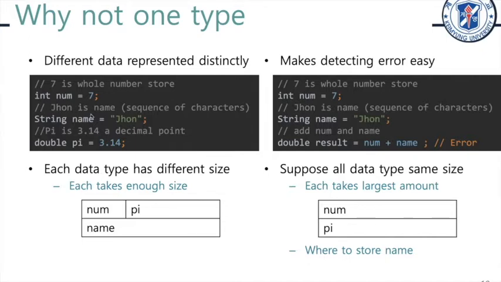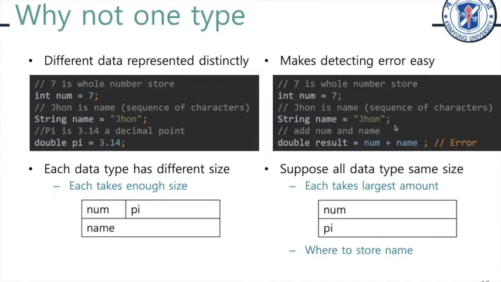For instance, let's write a program with int num is 7, string name is John, and double pi is 3.14. If you try to add these variables, then this is an error, because one is an integer and another is a string.